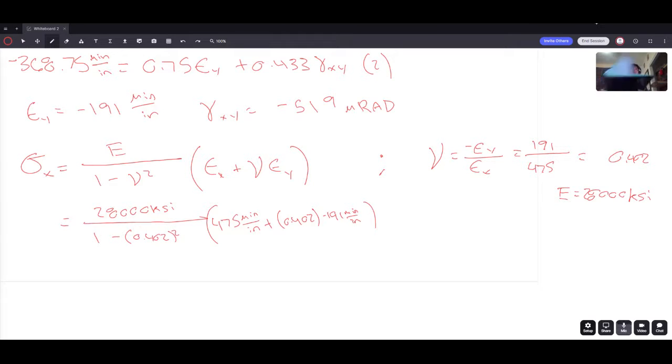Put in my calculator: 28,000 divided by 1 minus 0.402 squared, times 475 plus 0.402 times negative 191.